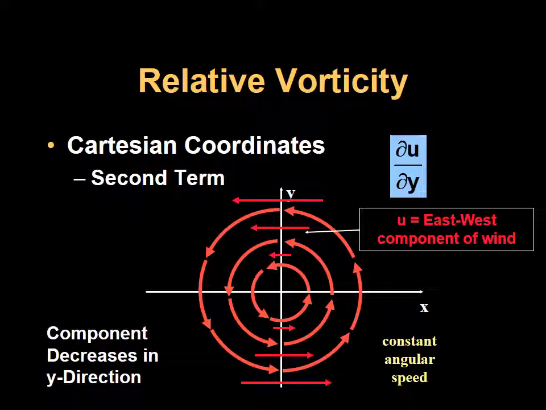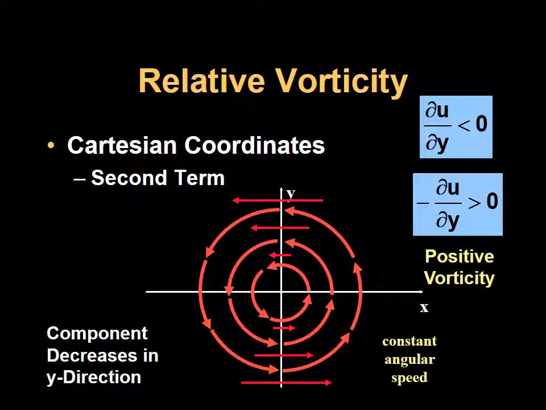It's not pointing in the positive x direction, it's pointing in the negative x direction. So as we move to the north, we can see that it's becoming more negative. In other words, the change in u is negative as we move in the y direction. So this term is negative. And we know that the vorticity is positive. We did that with our natural coordinates. So to make this positive, we'll throw a minus sign out front, and that makes this equation happy.